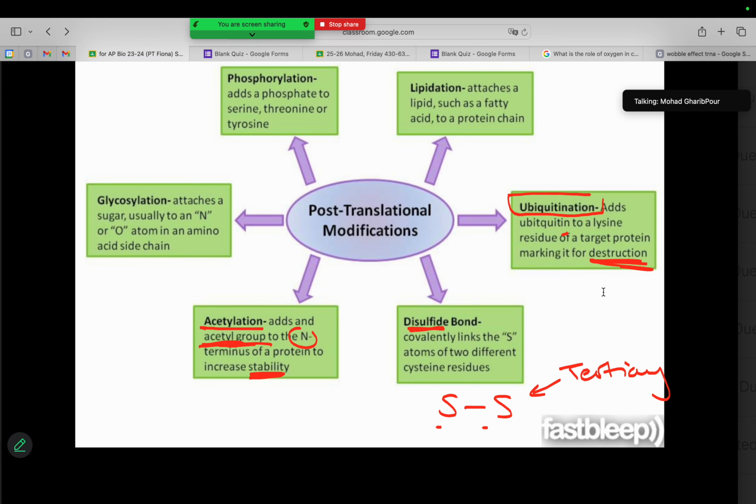Glycosylation attaches a sugar, usually to an N or O atom in the amino acid's side chain. So glyco refers to sugar. Phosphorylation adds a phosphate group to serine, threonine, or tyrosine. You guys don't need to know specifically which amino acid we're phosphorylating.